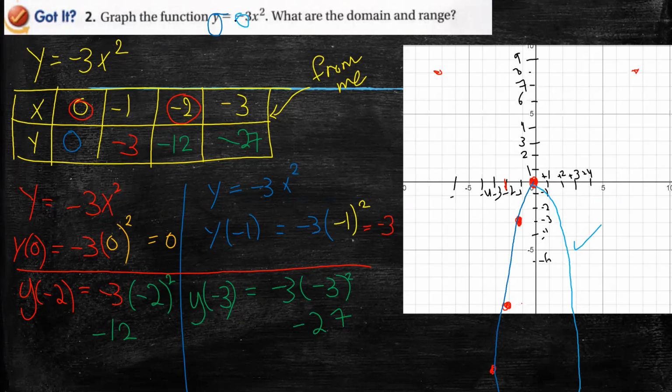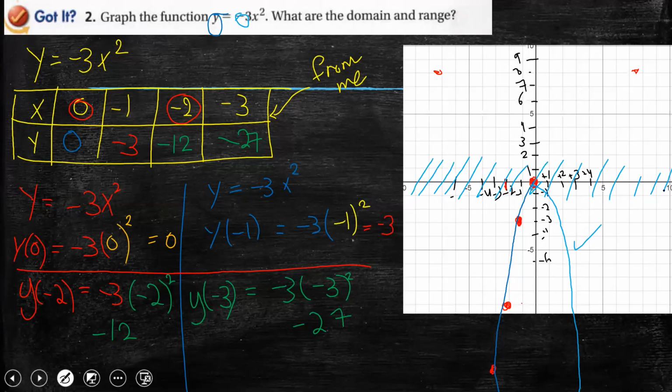Now, after we graph the function, let's find the domain and the range. The domain is the x-axis and the range is the y-axis. Where's the domain? Look at the x-axis here. This is the domain.